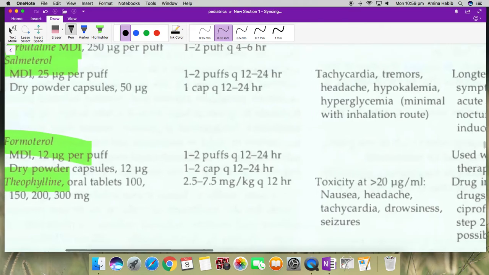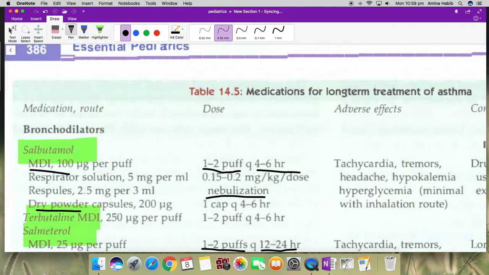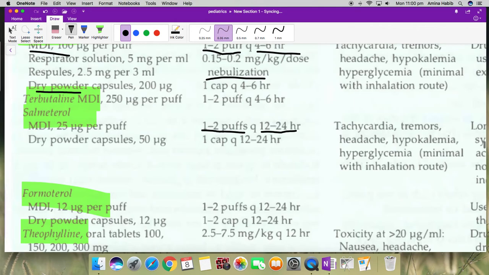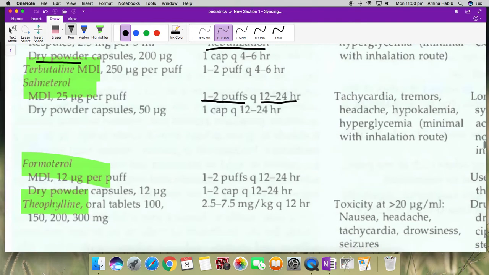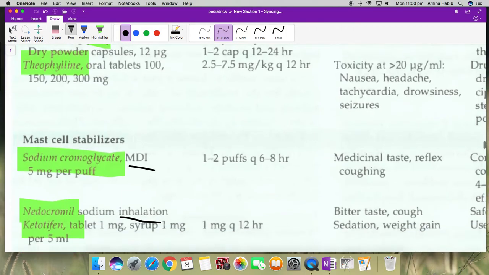Now if you talk about the long acting ones, for example salmeterol, because they are long acting, only 1 to 2 puffs, 12 to 24 hours apart. There, for the short acting ones, it was every 4 or 6 hourly. Here it's only once or twice a day. Formoterol also once or twice a day.